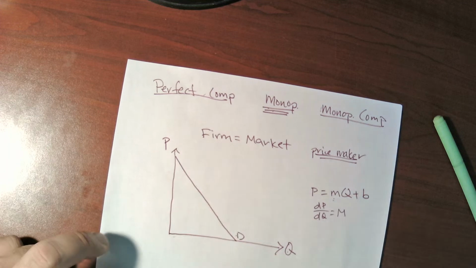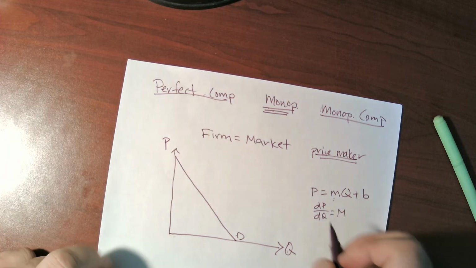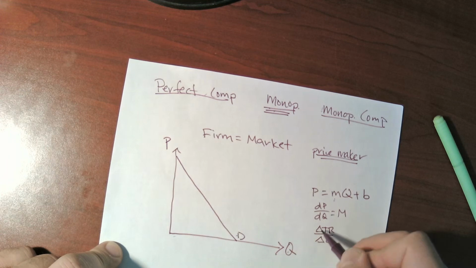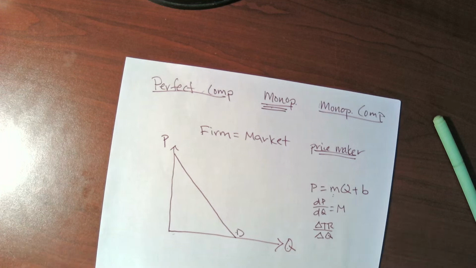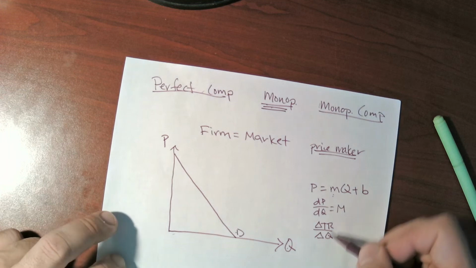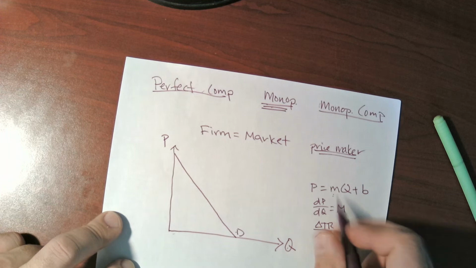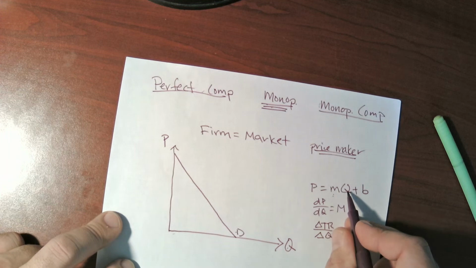Okay, so the marginal revenue, remember, is the change in total revenue for a change in quantity. I'll write it in terms of deltas so you don't get confused: change in total revenue for a change in quantity. Here price is a function of quantity.